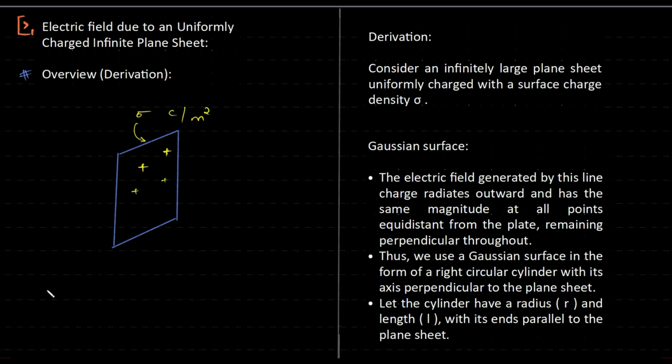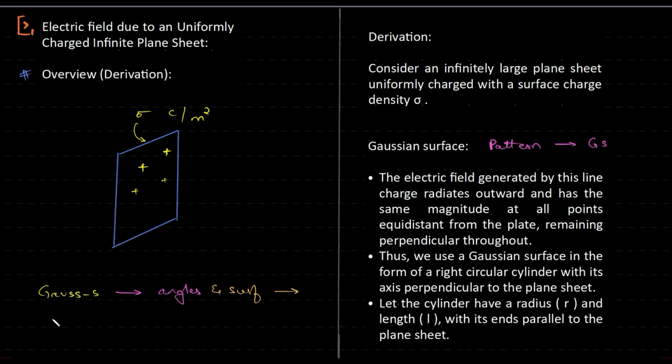Same funda. First, we need to decide on the Gaussian surface. Actually, before that, we need to decide on the pattern. What kind of pattern of electrical field are they producing? And then decide on the Gaussian surface. Once we decide that, we will look at the angles between the field and the surface.